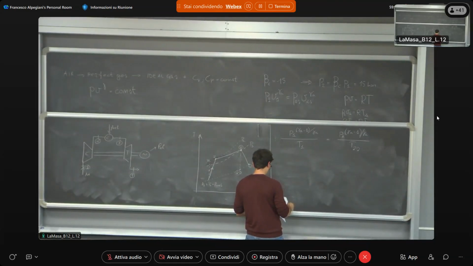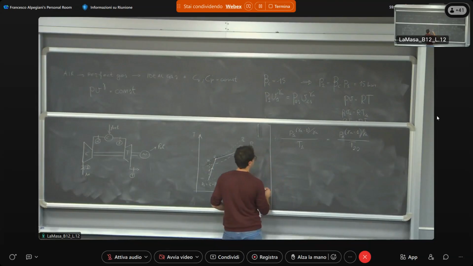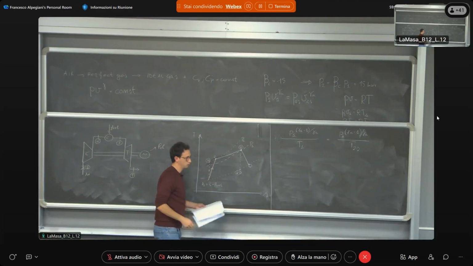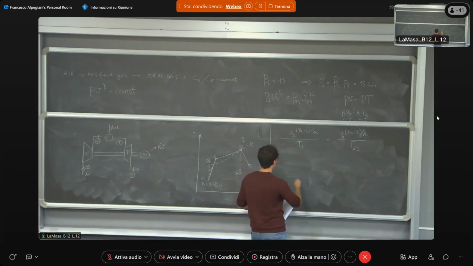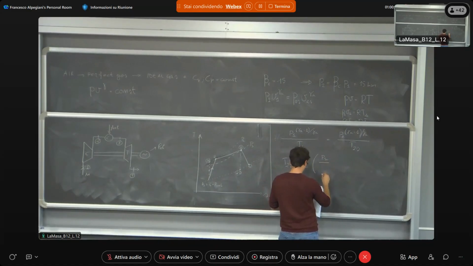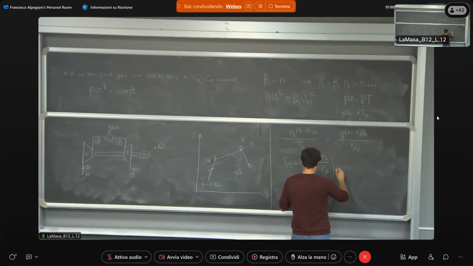So from here, we can evaluate essentially the temperature in the point 2s, so in the case in which we have an ideal compression. So T2s will be T1 times P2 divided by P1, to the power of gamma air minus 1 divided by gamma air.